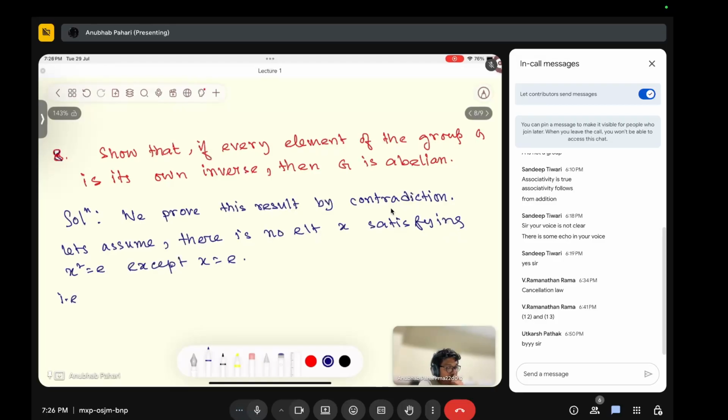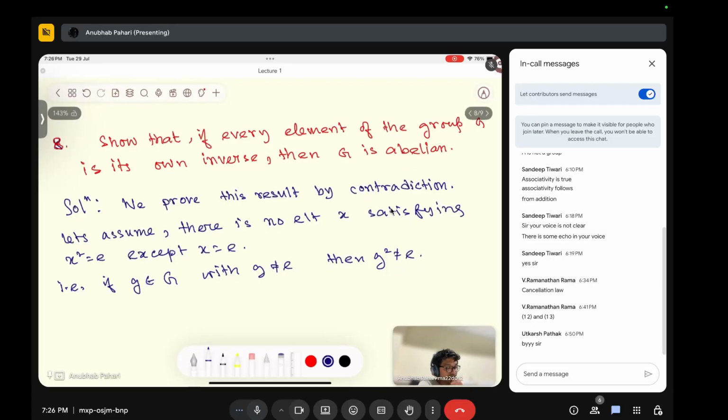That is, if g belongs to G with g not equal to identity, then g square is not identity. That is, g is not its own inverse, right?